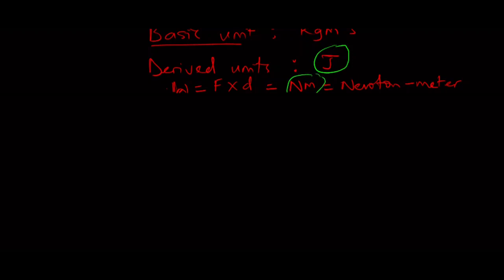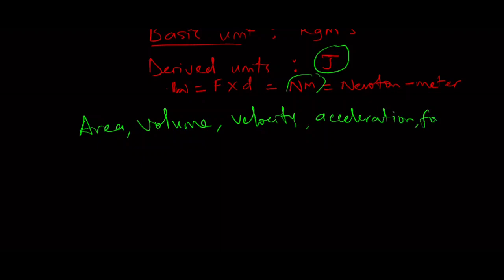Now, as we can see, we have been looking at the derived quantities, their units, and their dimensions. Of all the various derived quantities that we have, we need not memorize the whole thing. It is going to be cumbersome for us. So we just need to remember the 6 quantities: area, volume, velocity or speed, acceleration, force, and work.